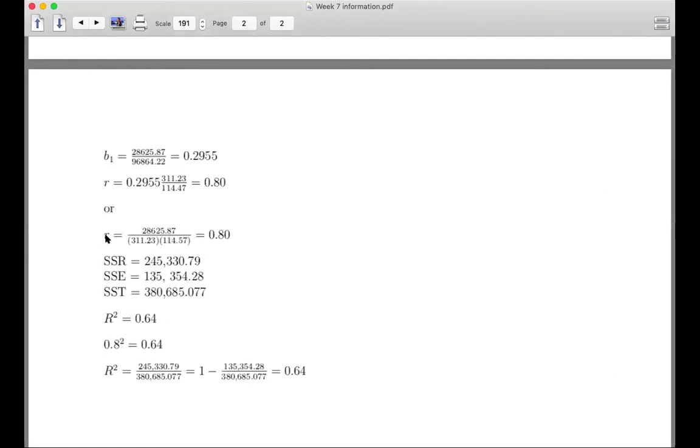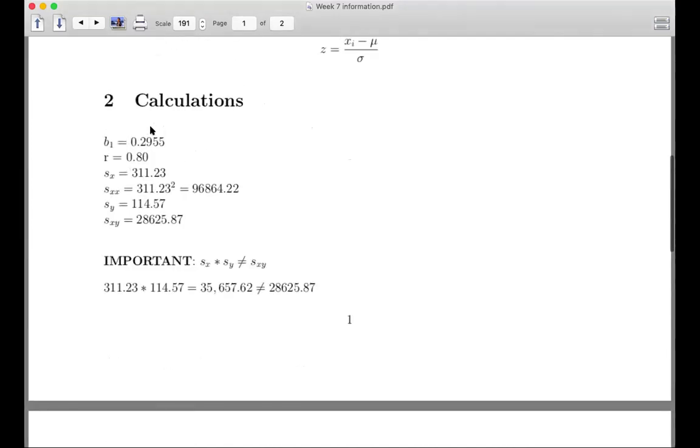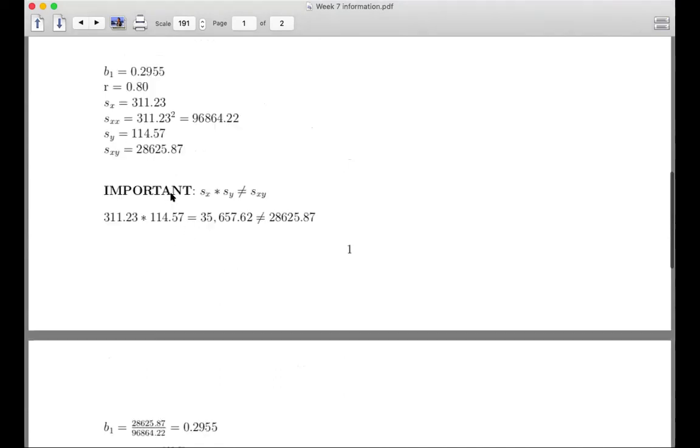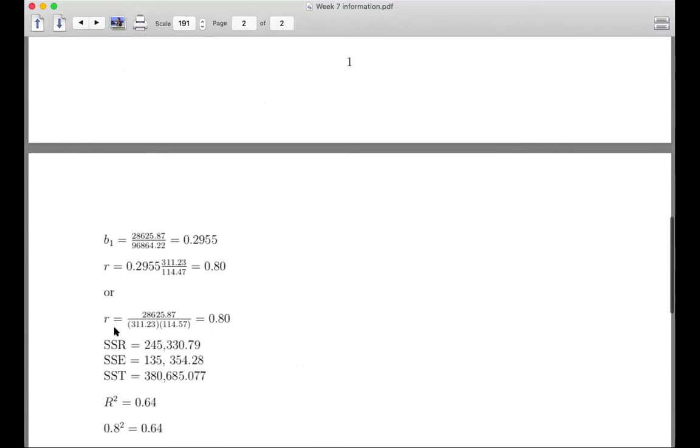All right, so these are the SSR, SSE, and SST values from our cigarettes and mortality rate data set. And again, similar to covariance, covariance was also a large value, and that was also difficult to interpret. It's the same thing with these values.